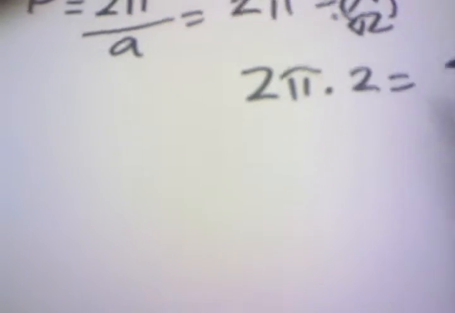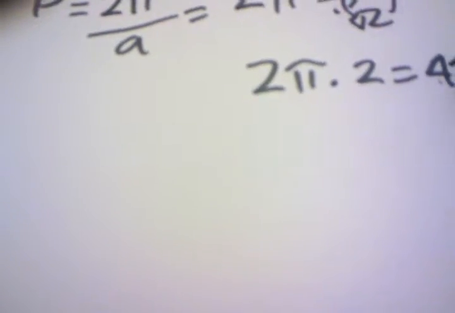So that will give you 4 pi. That sets up a perimeter, if you want to call it, for how far our graph will go.